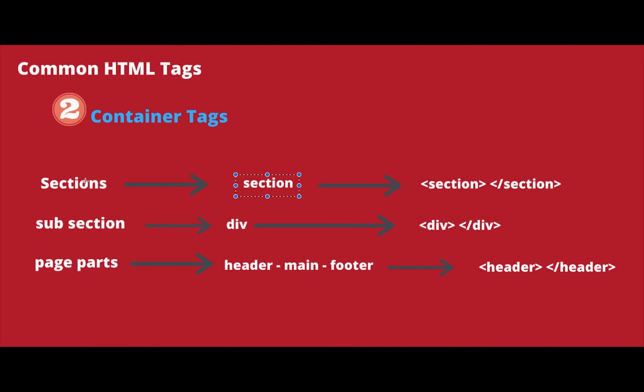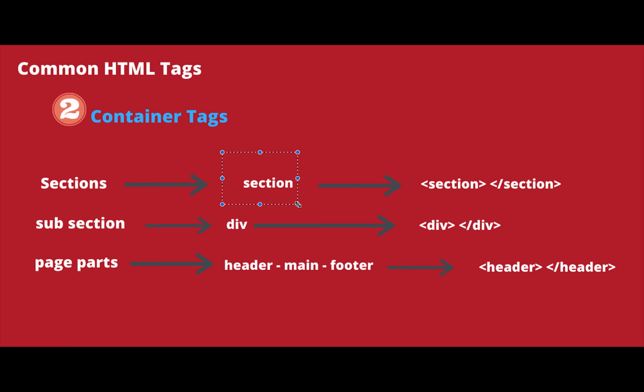So as you can see, ladies and gentlemen, that explains the first part, which is using sections to divide the whole website into subsections. However, we also have the div tag, and here is the structure. Let's see the benefit of using the div. The difference between the div and the section is that we use the section to divide the entire website.